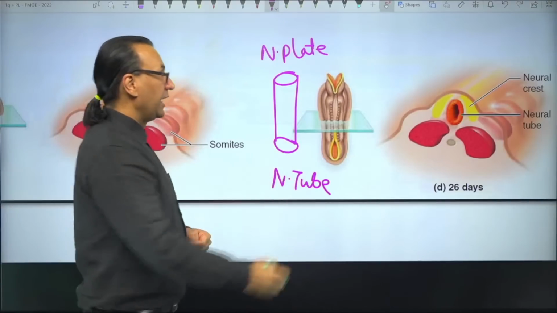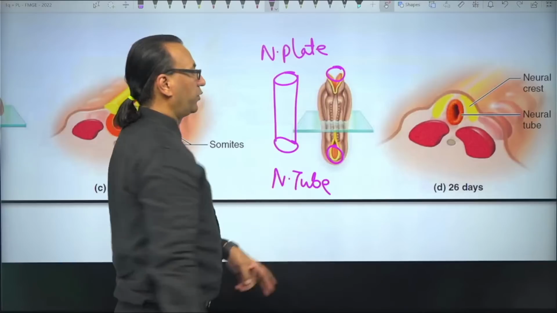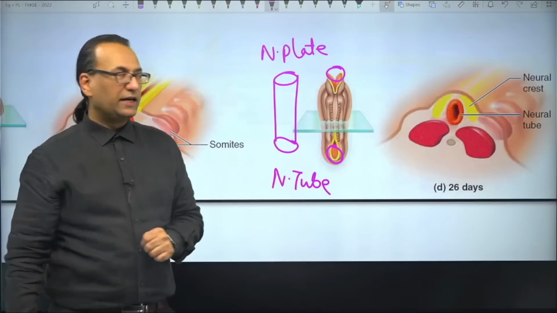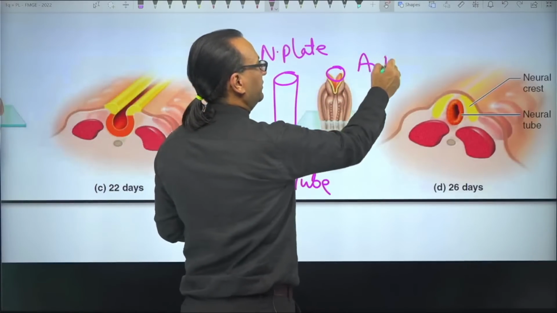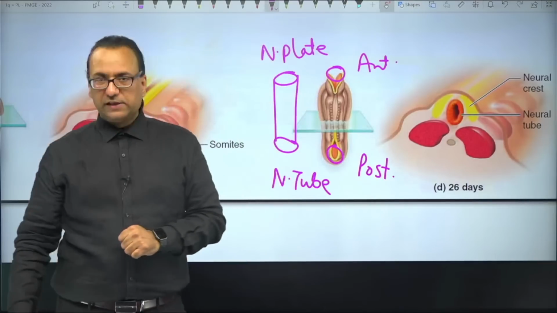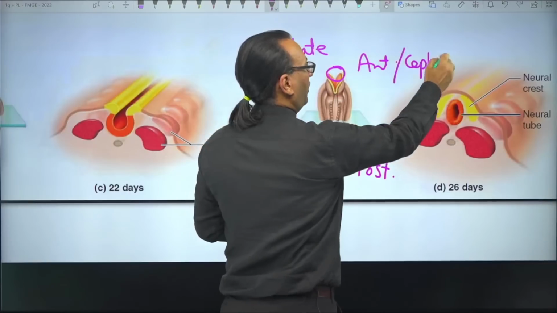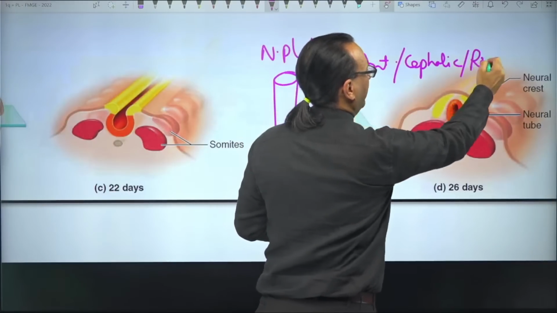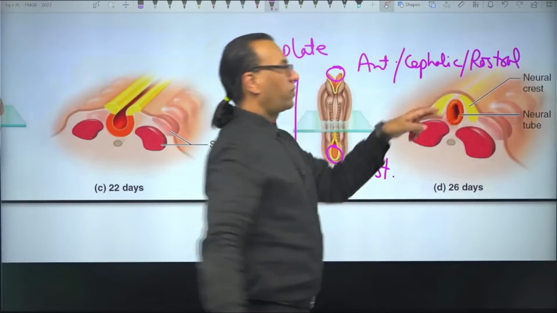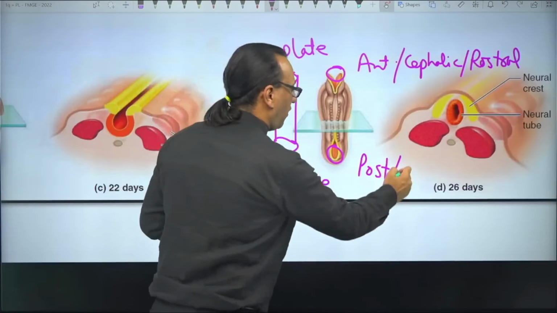You can see one neuropore here and another neuropore here, called the anterior and posterior neuropore. Be careful about these terms. Anterior can also be called cephalic or rostral. And what is posterior called? It is called the caudal.